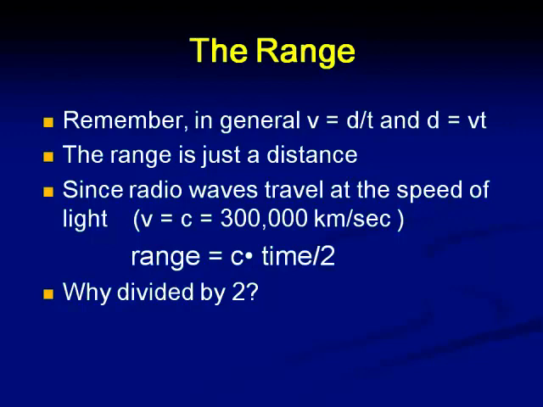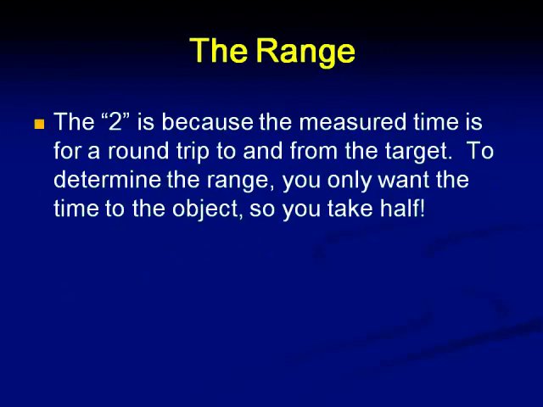So using a single pulse we must be able to do it, but to improve the accuracy, generally we go with 3 or 4 pulses or even more and get a very accurate data of this range. Mind you, why do we use this divided by 2? The 2 is because the measured time is for 2 trips, that is from the transmitter to the target and from the target to the receiver. The total time is taken into account, and hence the range is calculated by this equation.